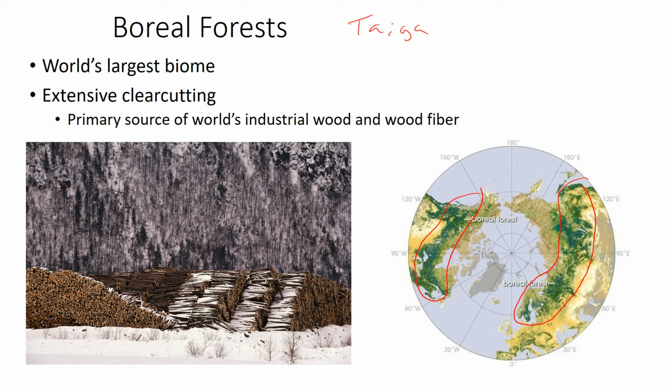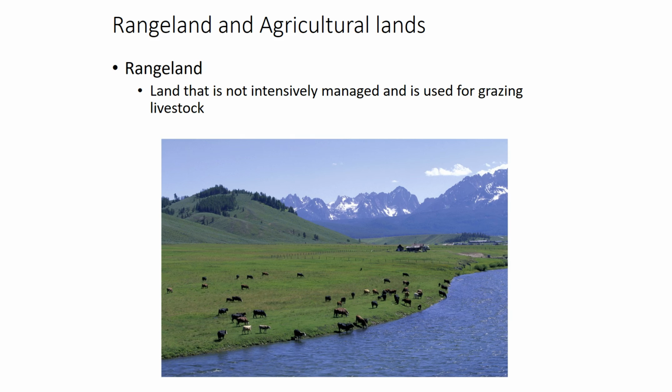And that's because we're actually getting a lot of our timber now from the boreal forests, where extensive clear cutting is a big problem, especially in Russia, Siberia specifically. Okay? And the boreal forests are an important habitat for things like caribou. Several endangered species actually reside there.